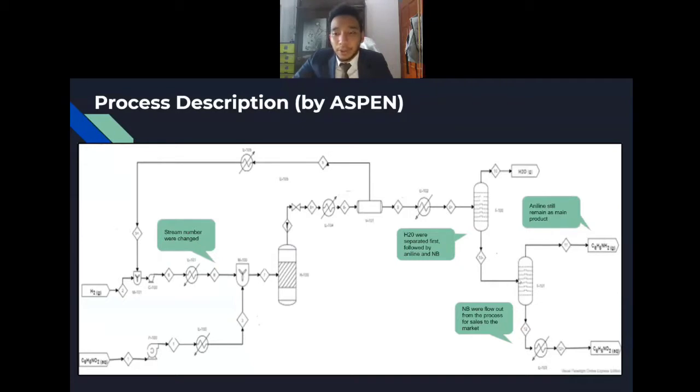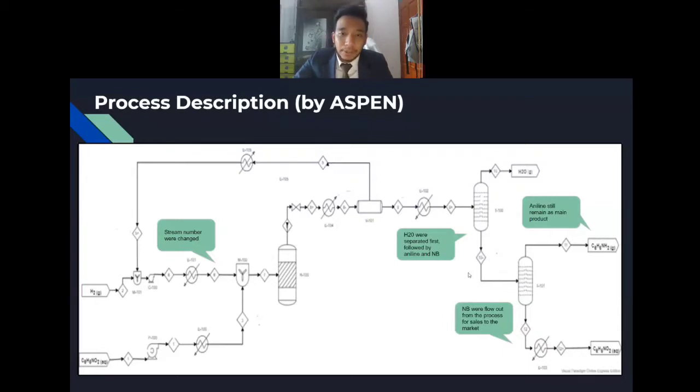Moving on to the second distillation column, aniline still remains the main product at the top, and the nitrobenzene flows out into the bottom product. But in the old one, we recycled the nitrobenzene, whereas in the new one, we only flow out the nitrobenzene from the process for the objective of selling to the market.